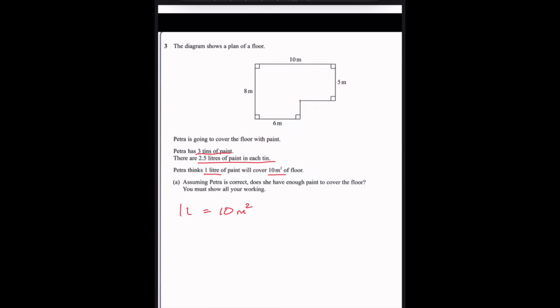Okay, so she wants to know if she has enough paint to cover the whole floor. I'm going to need to work out the area of this floor then. Okay, so for this area, I'm going to highlight that in yellow. For this area, we're going to need to do 8 times 6, which gives us 48 meters squared.